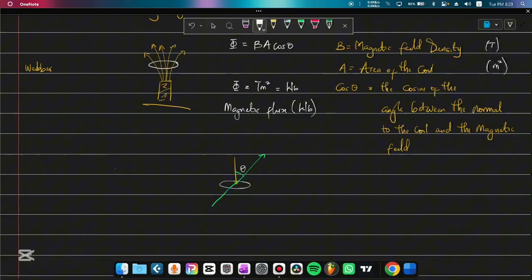Let's say this is the area of the coil, let me even redraw the coil. Let's say this is the area of the coil. And this has to be the normal to the coil, the perpendicular line to the coil. That's the normal. What if the magnetic field is passing through the coil this way?